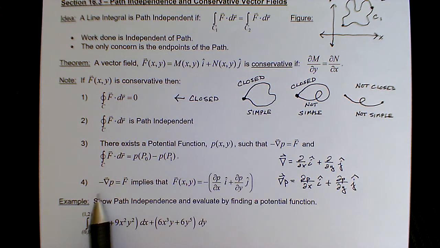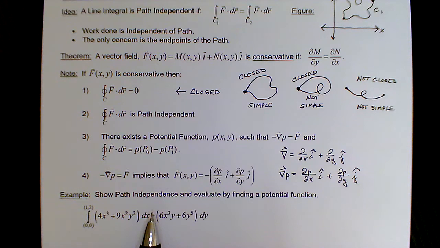So that's what this would imply, that F of x, y is going to be minus that del of the potential function.